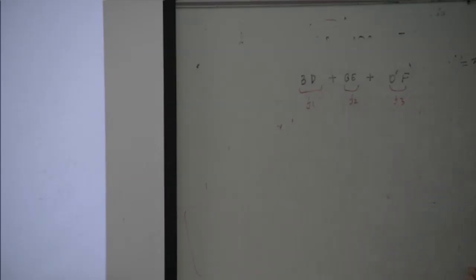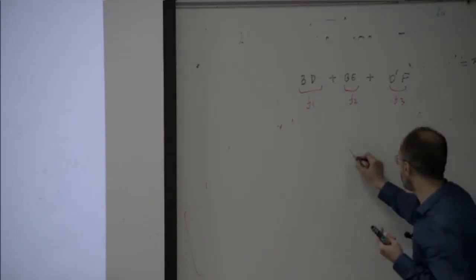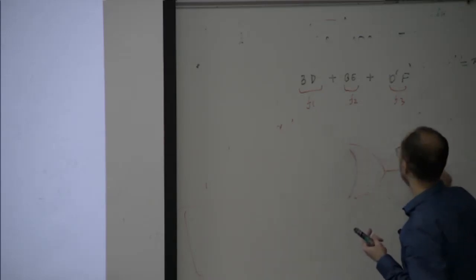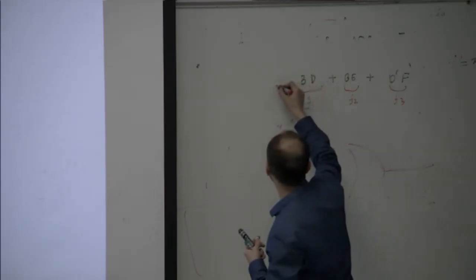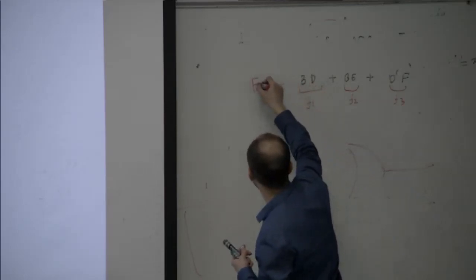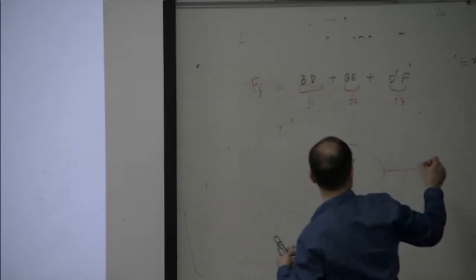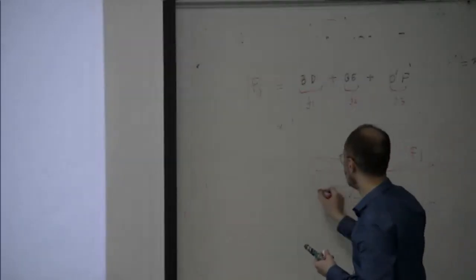What do we need? An OR gate. How many inputs? 3 input. So we need a 3 input OR gate, and let's assume the output is Fj. And the input is what?